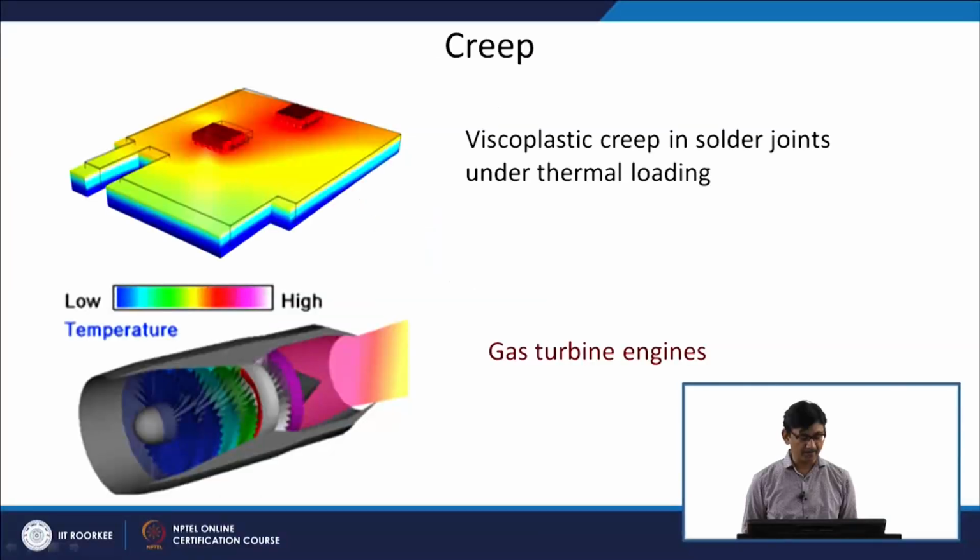Similarly, it is important in, for example, a gas turbine engine, or a steam turbine which is used in power plants, or a gas turbine which is used in an aeroplane. And these materials, as you can understand, are exposed to high temperature.